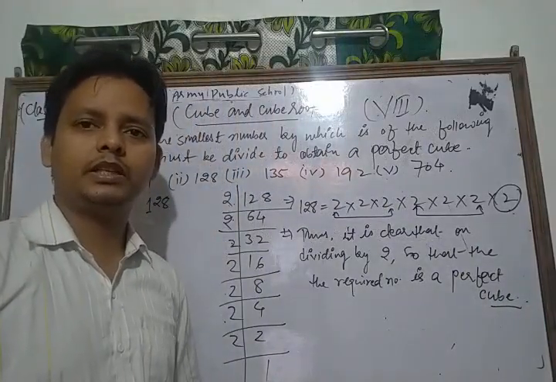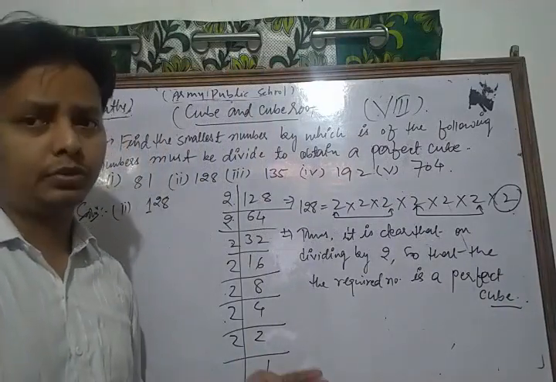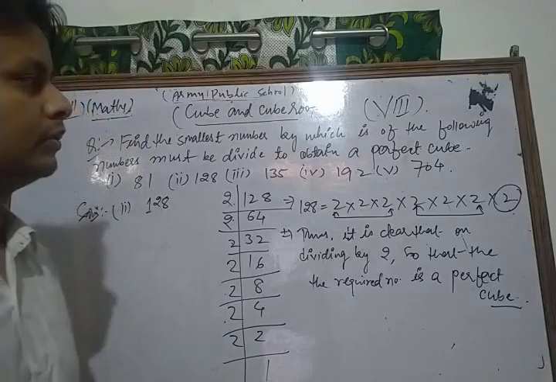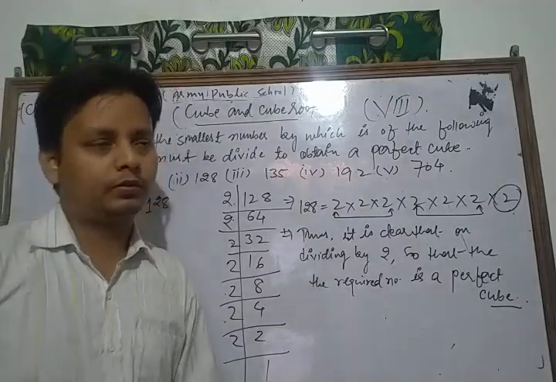So please do more and more practice of that type of question. After that, you can solve each and every part of that type of question. Now similarly, we take and solve the third and fourth part of that question.